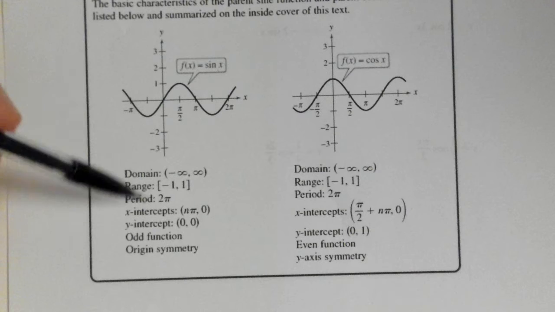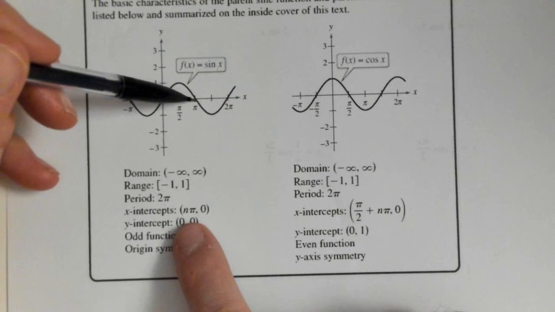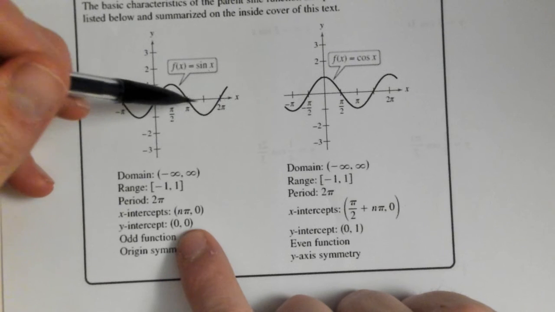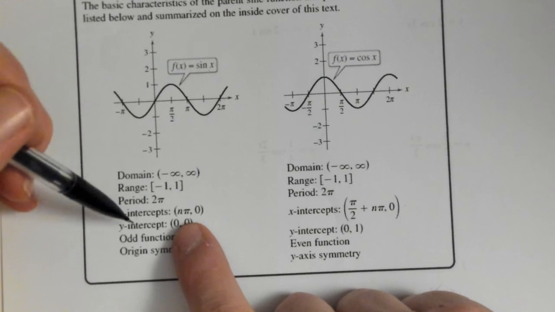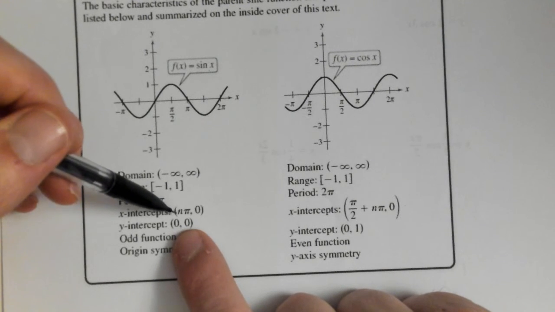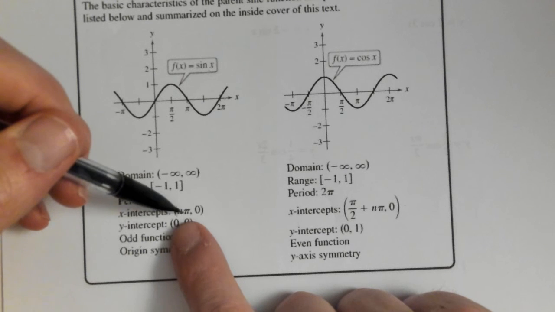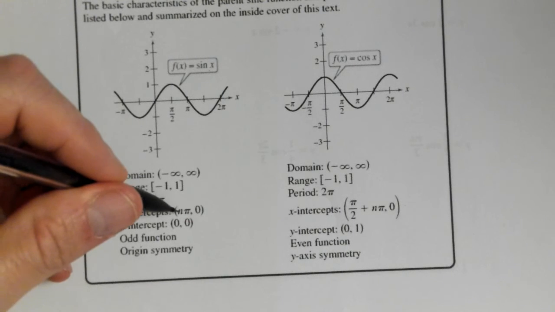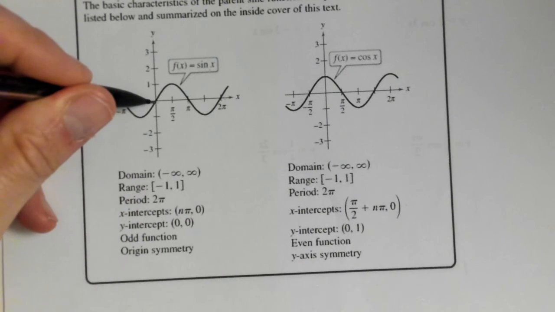Once it gets to 2 pi, it's made a whole complete cycle of the wave, right? The x-intercepts, now, it does have multiple x-intercepts. As a matter of fact, infinitely many x-intercepts, which can be expressed as any multiple of pi. So n pi, comma 0, those are your x-intercepts. Meaning I could plug in 0, and that's an x-intercept.